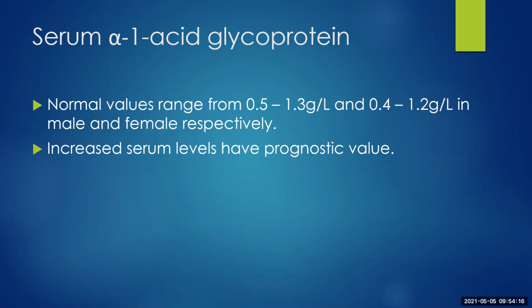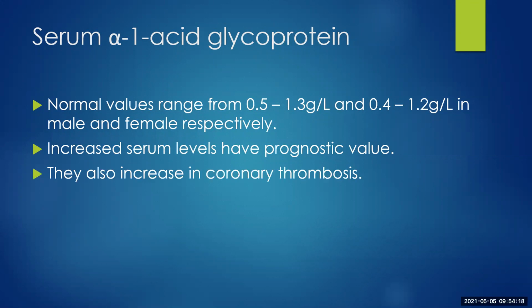But differentially, it is also increasing in coronary thrombosis. That's why it's not very useful as a diagnostic marker. But to check if the patient's condition is improving or he is responding to the treatment or not, serum alpha 1 acid glycoprotein is a very good marker.